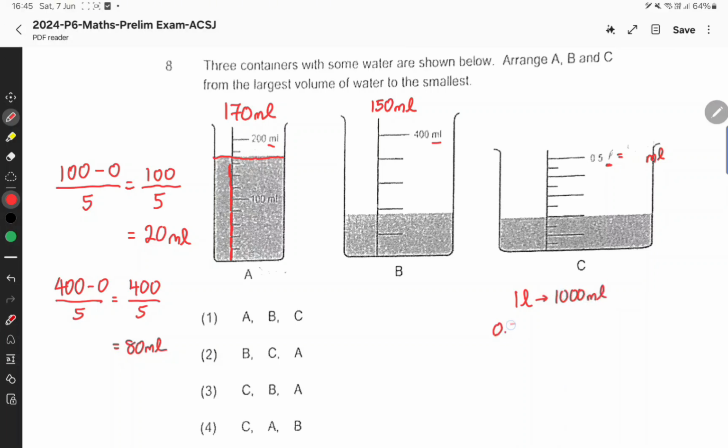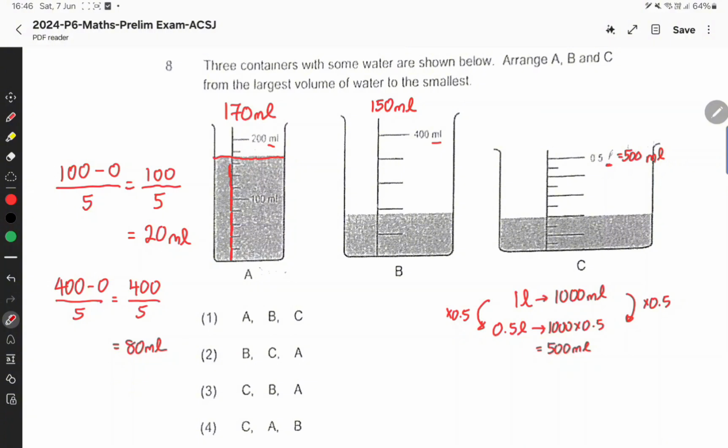So 0.5 liter, we're going to times 0.5. So therefore over here we will also times 0.5. Now 1000 times 0.5 will give you 500 milliliter. So we know the total capacity of container C is 500 milliliter.